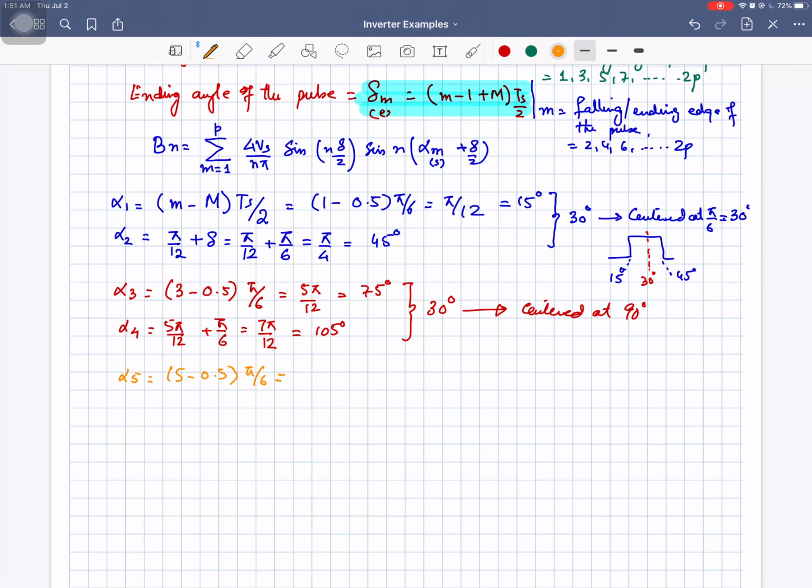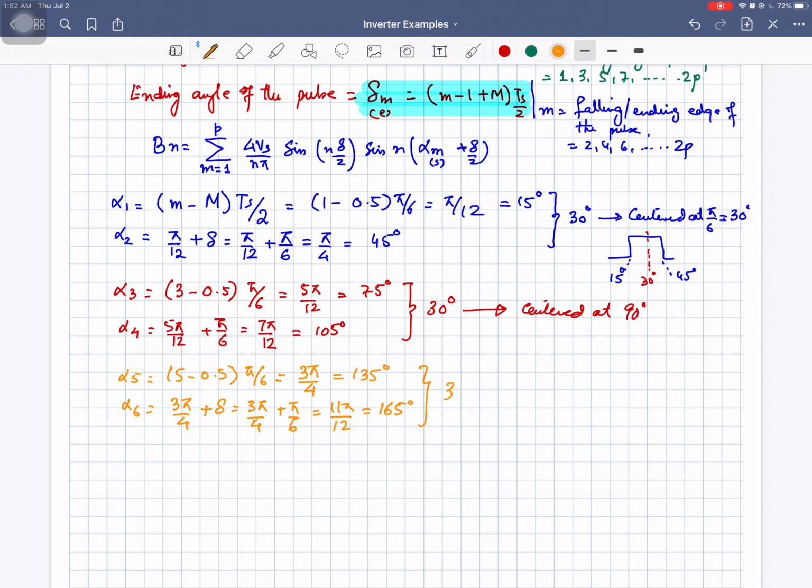So that comes out to be 3 pi by 4, that is equivalent to 135 degree, and alpha 6 will be equal to 3 pi by 4 plus del, and that del is equal to pi by 6. So 3 pi by 4 plus pi by 6, I am going to get 11 pi by 12, and that is equal to 165 degree.